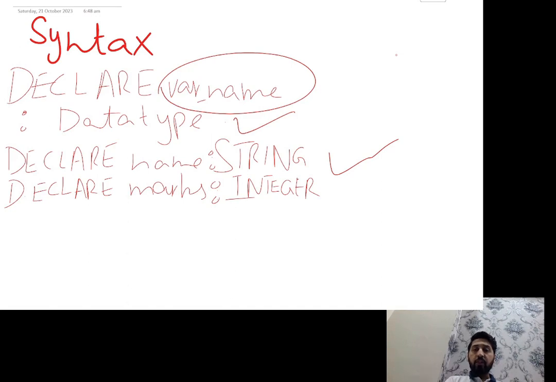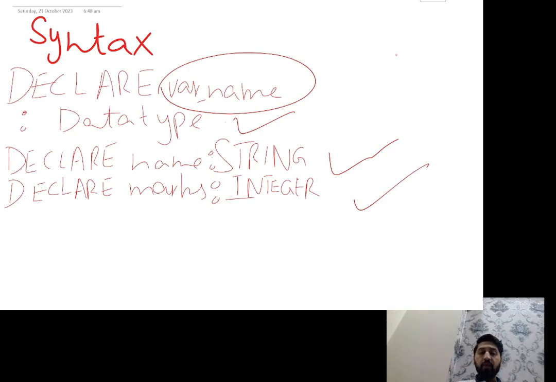Like when I need to write something which can have more than one character, more than one letter, for that I'm going to use the string data type. In the same way, we can use the integer data type. In this last statement, you can see declare marks as integer.